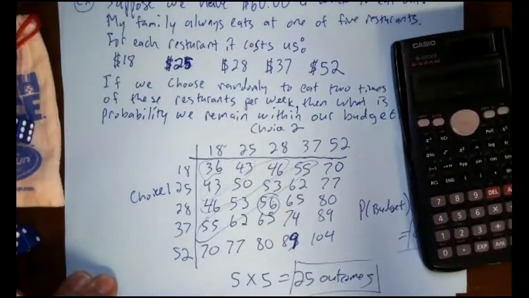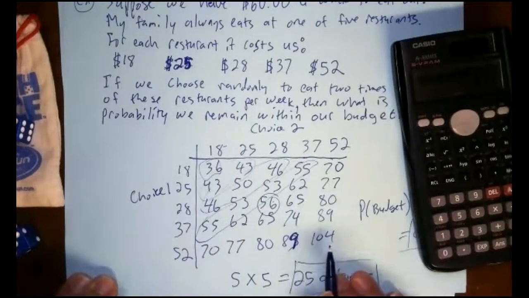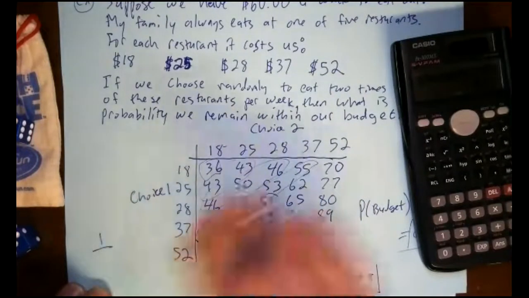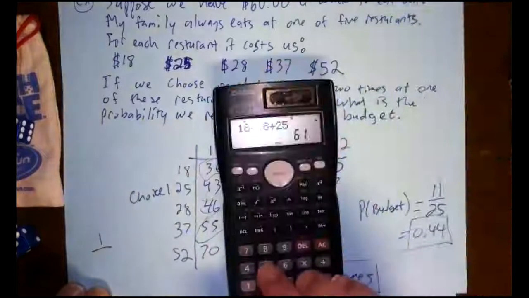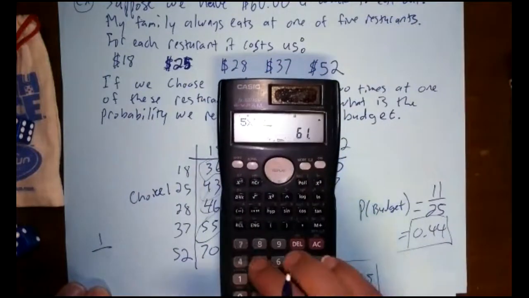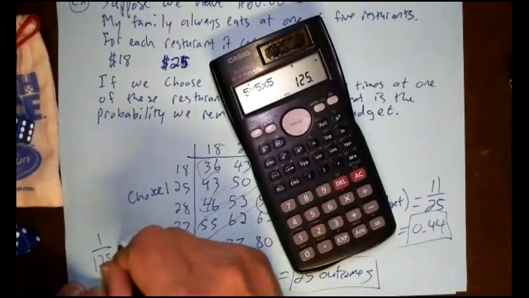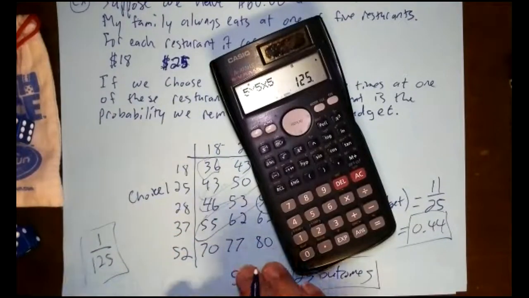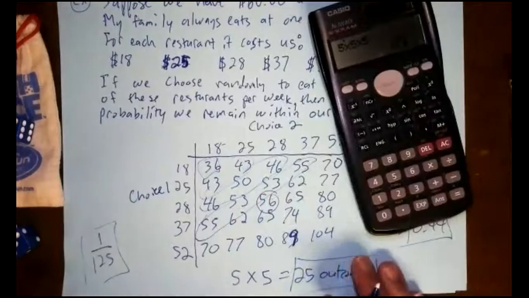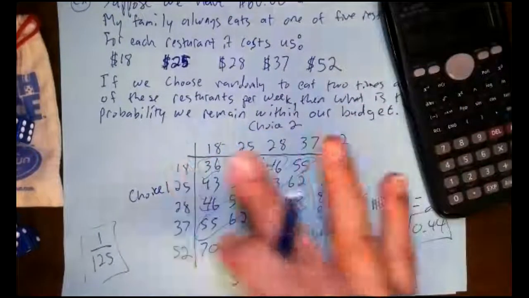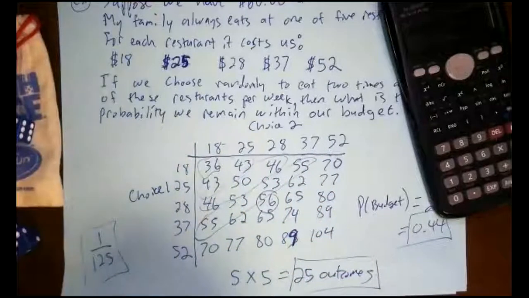All these other ones would be too expensive. So it'd be 1 over 5 times 5 times 5, and that's 125. So the probability we could eat at all the restaurants would be 1 out of 125. So you could see how you could take these other examples and extend it to further dimensions.